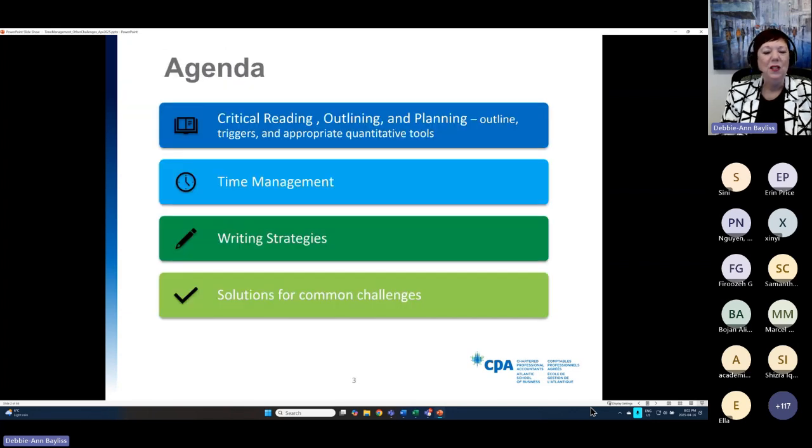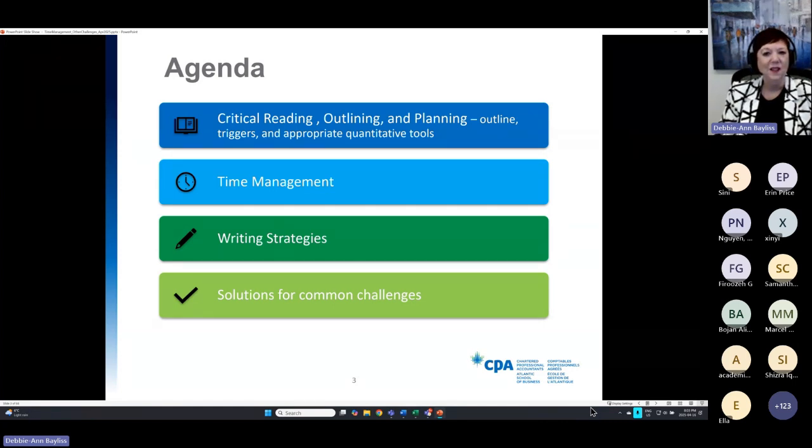So the goal today is to provide you with effective time management strategies and how to overcome the common challenges that the Board of Examiners have found that candidates face and are the key reasons why candidates have not passed CFE.